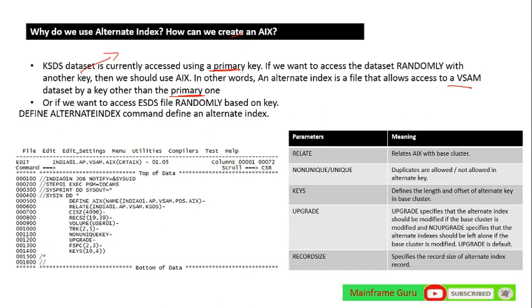Or if we want to access an ESDS file randomly based on a key, we use the DEFINE ALTERNATEINDEX command. We use DEFINE AIX, then give the name of the alternate index which we are going to create, and then RELATE, where we give the VSAM file name, then control interval size 4096, then record size, then volume, then tracks, and NONUNIQUEKEY, and UPGRADE, and the KEYS, which here are from the 4th column with length 10.